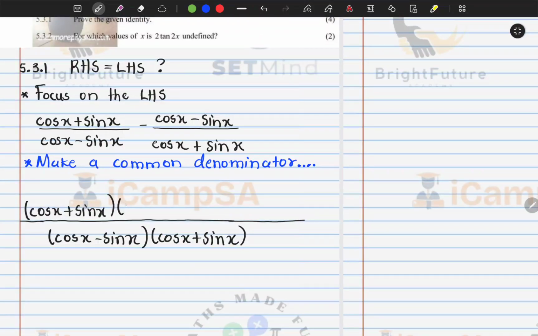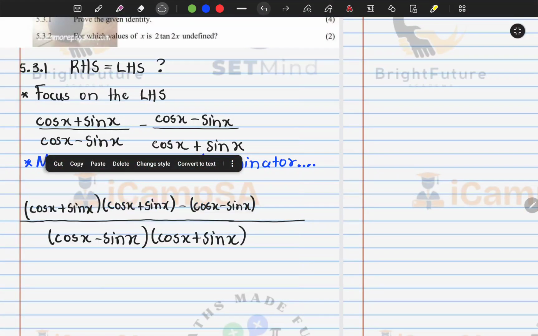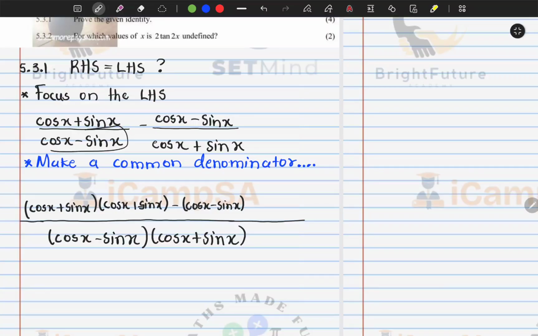It is cos of x plus sine of x. And then minus, if you observe carefully what we have this side, that is cos of x minus sine of x. And this will multiply by what we have on the denominator, that is on the left part. Let's just create some space. We'll multiply by that, which is also the same as cos of x minus sine of x.